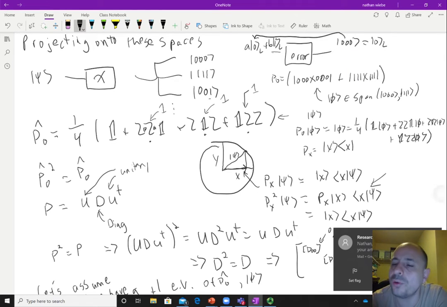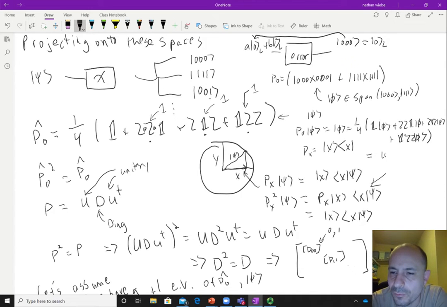Okay, the only way that this can end up equaling phi is if the coefficient of this is 1, the coefficient of that is 1, and the coefficient of that is 1. Therefore, in order for the vector to be in the span of all the valid code words, it must also simultaneously be a +1 eigenvector of these 3 unitary objects.